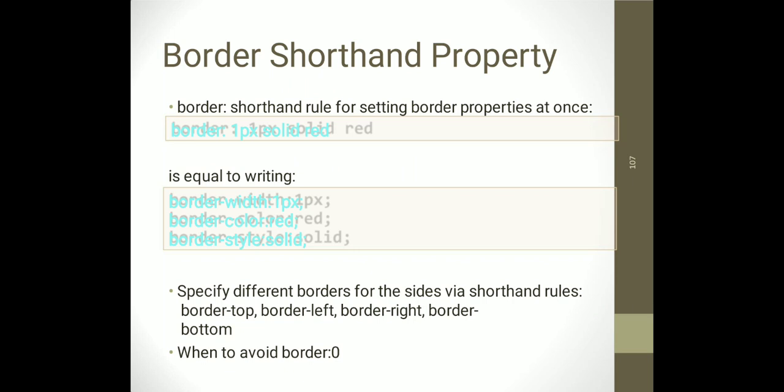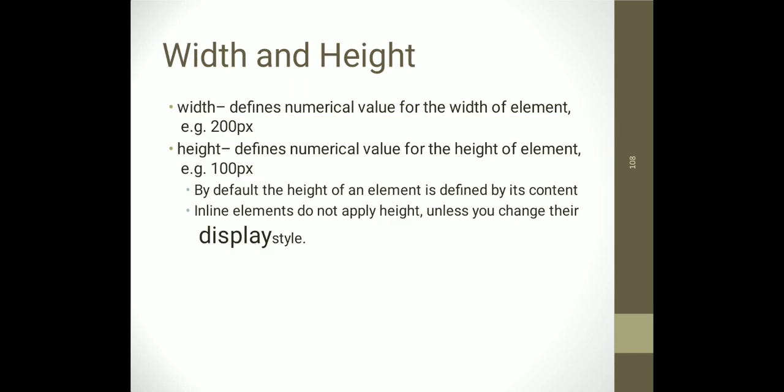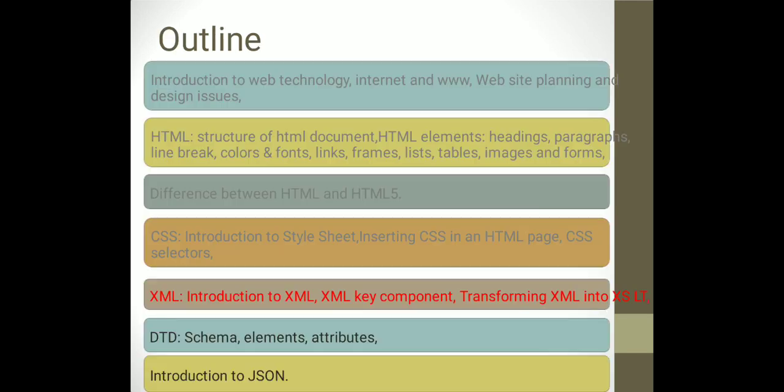Then the borders we have seen. In that, width and height also we have seen if you want to define it in the CSS. How to use width and height we have also gone through via example.